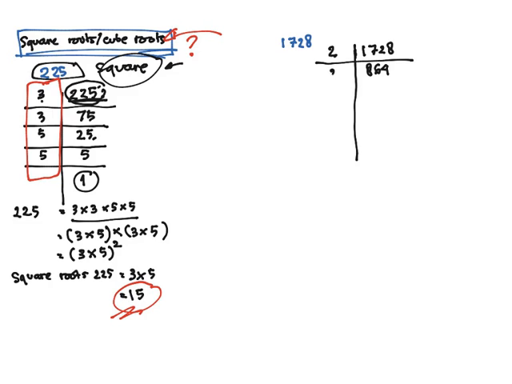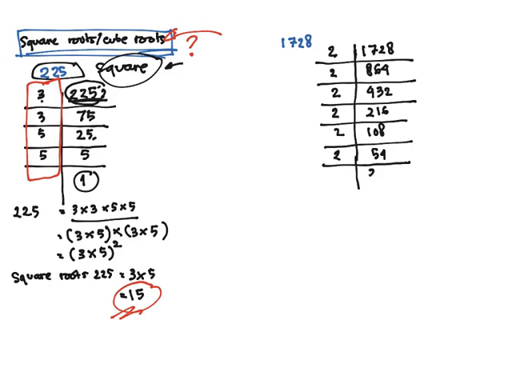864. Divided again by 2, we get the answer 432. Still we can divide it by 2, and then we get 216. Divided by 2 again, 108, divided by 2, we get 54. We still can divide it by 2, right?